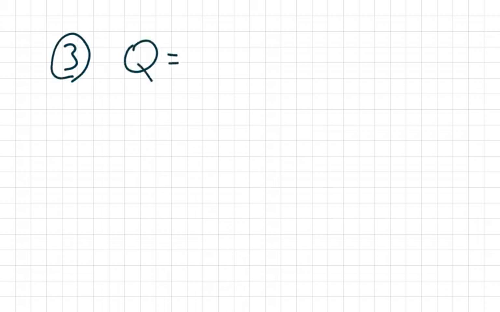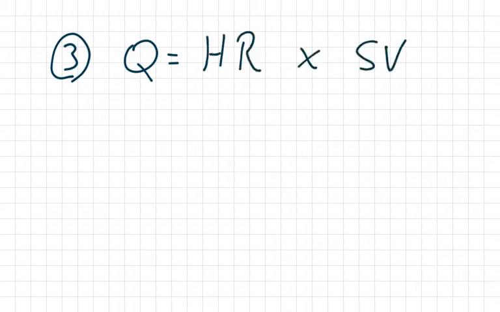And lastly, the third was cardiac output, or Q, which is basically heart rate times stroke volume. And Q is basically the amount of blood that the heart can pump in 1 minute.